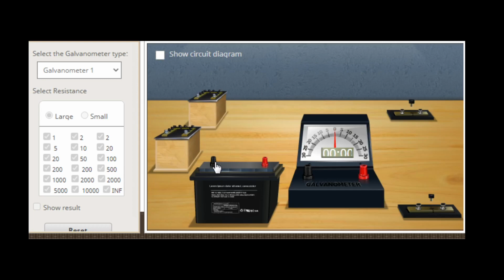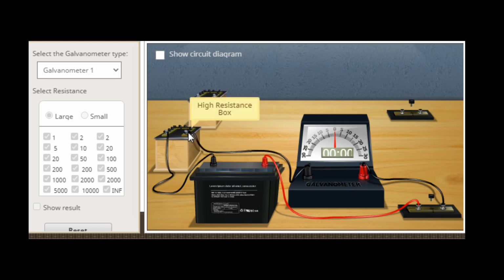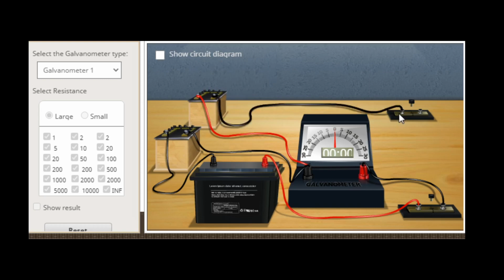So let us connect by dragging from one point to the other point, and this will be connected to key, this will be connected to one end of the galvanometer, and this will be connected to the other end of the galvanometer, and shunt will be connected in parallel to the galvanometer coil. This end of resistance box will be connected to the key and then to galvanometer.